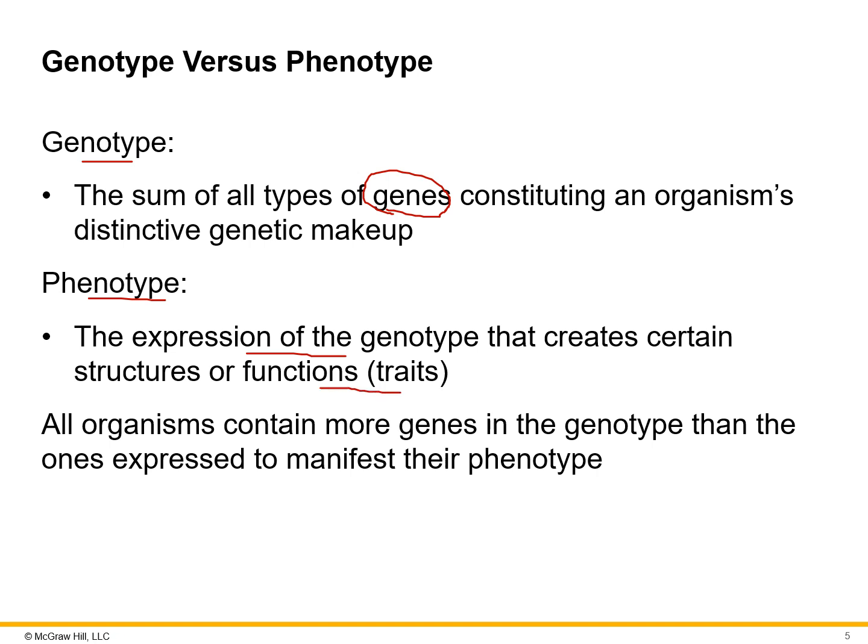So like hair color, eye color, or for a bacteria, whether or not it has a capsule or specific receptors or a flagella, that's the phenotype. So all the organisms contain way more genes in the genotype than they express. Not all of them actually get used or turned on, either at the same time or sometimes even within the organism's lifetime.